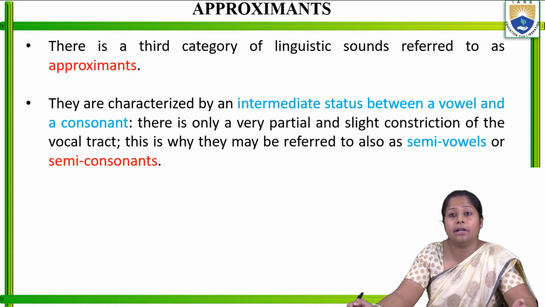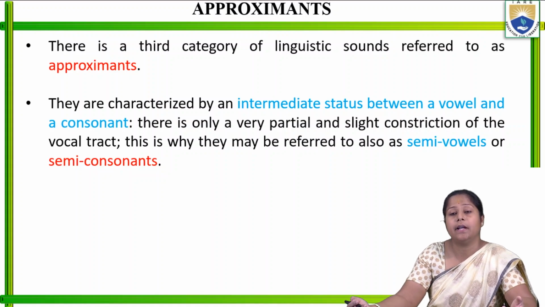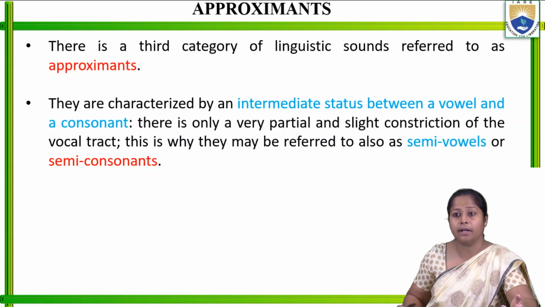There is only a very partial and slight constriction of the vocal tract when making the sound. That is why they are referred to as semi-vowels, or also as semi-consonants. So both combinations can occur in this type of approximant, right? That makes some sound with respect to vowels and consonants by the user.